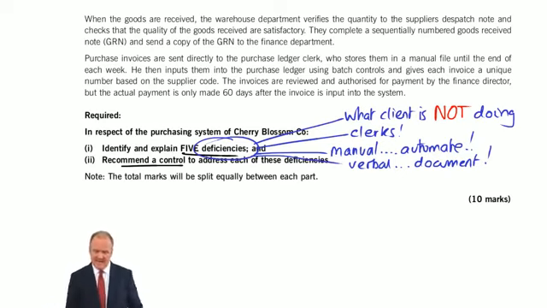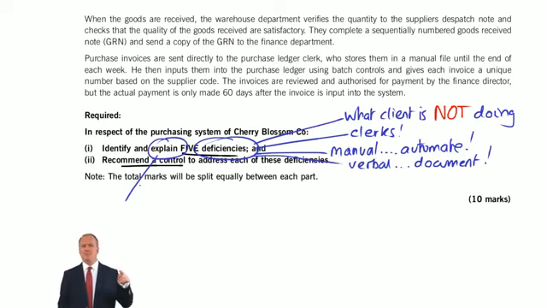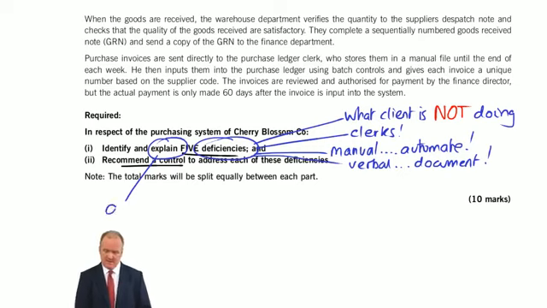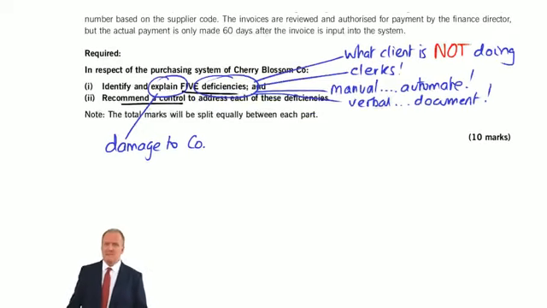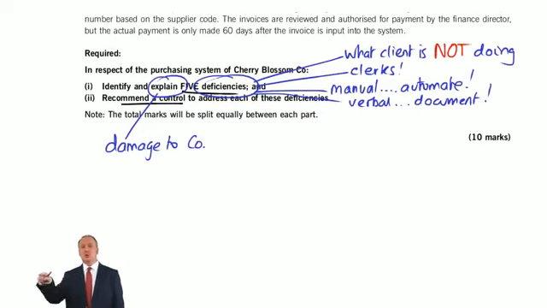It does also say explain them. When you explain a deficiency, you need to explain it in terms of the bad things that could happen to the company as a result. So think damage. In technical terms, a bad thing means your control objective is not being met.